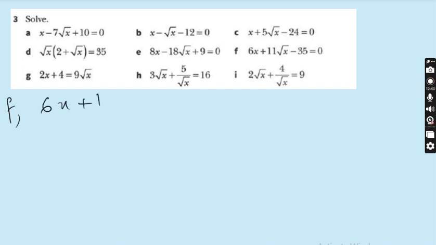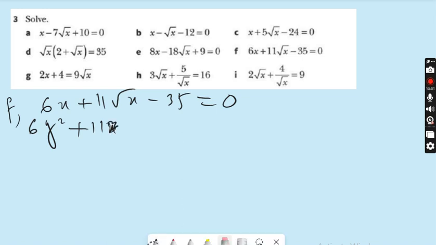6x + 11√x − 35 = 0. Let y = √x, 6y² + 11y − 35 = 0.